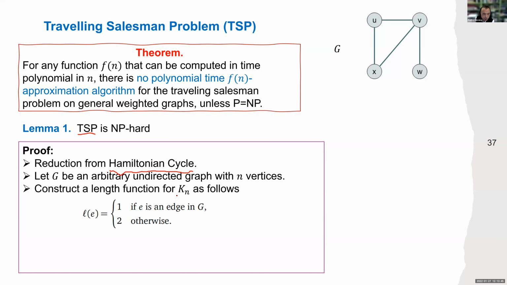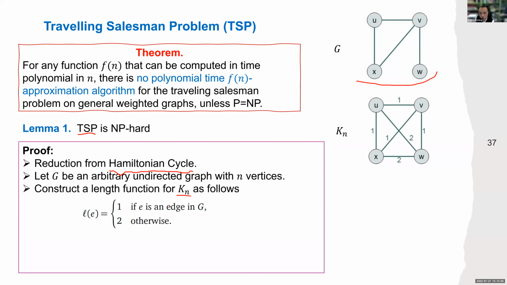The length function is defined on K_n. What is K_n? K_n is the special notation for the complete graph with n nodes. So if you give me a graph like this, I will make a complete graph, which means for every pair of vertices, there's an edge connecting them.